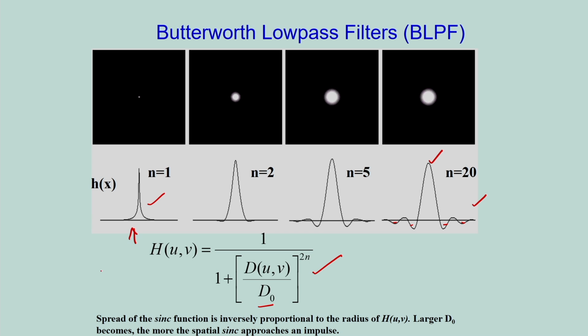The impulse is this. If I consider this impulse in the spatial domain, there will be no blurring. Corresponding to this case, I have the blurring because of the central lobe of the sinc function. Also I have the ringing artifacts.